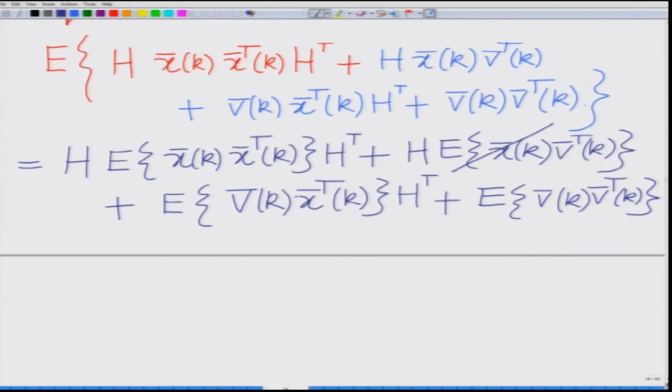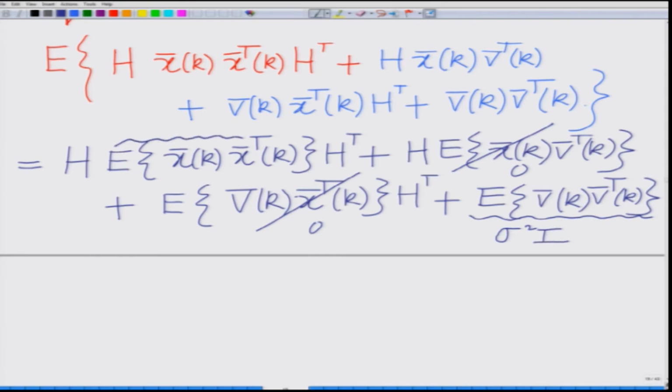And now let us simplify each term. Now we know expected x bar k v bar transpose k is 0, so these two cross terms are 0. Assuming IID symbols of power P_d, expected x bar k x bar transpose k is P_d times I. Assuming IID Gaussian noise samples of mean 0, variance sigma square, we have already seen this is sigma square times identity.